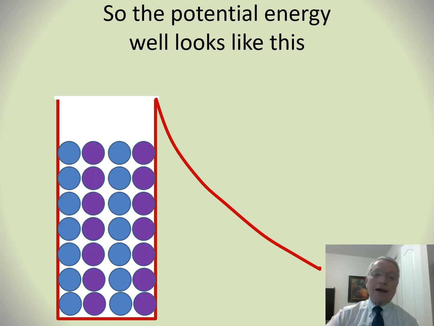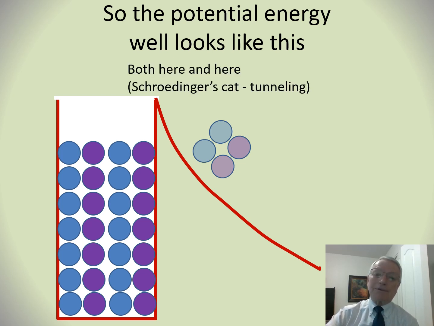We get up near the top, and those four at the very top can kind of imagine being outside. They can't get there because they have to go over an energy barrier, but you know what's coming. We discussed this a couple of times ago. So that alpha particle at the top is both in the nucleus and outside the nucleus simultaneously. It's like Schrödinger's cat.